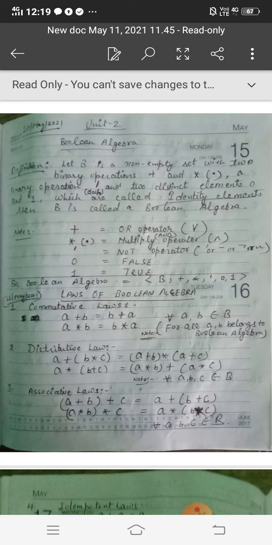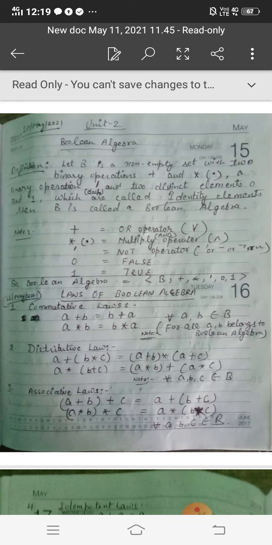First law, commutative laws. Here the commutative law is: a plus b is equal to b plus a, and a dot b, or a cross b, is equal to b cross a, or b dot a. You can use cross or dot, any sign for your laws.